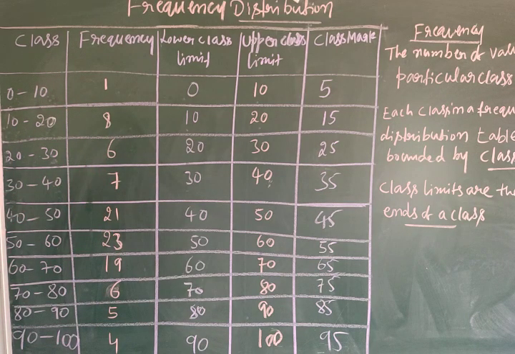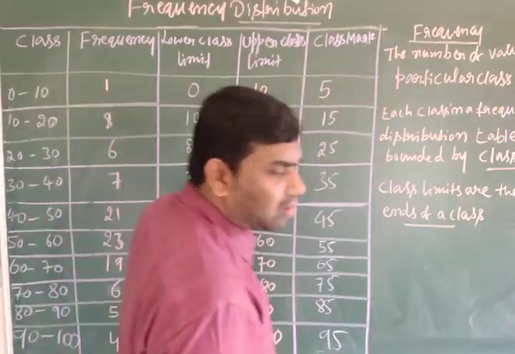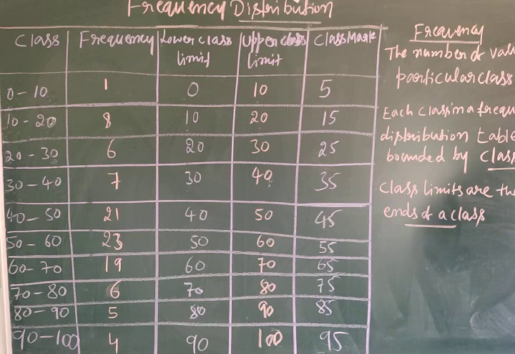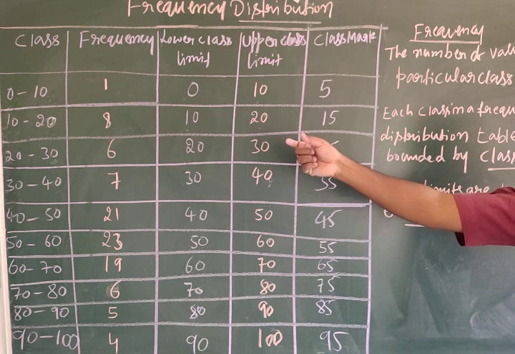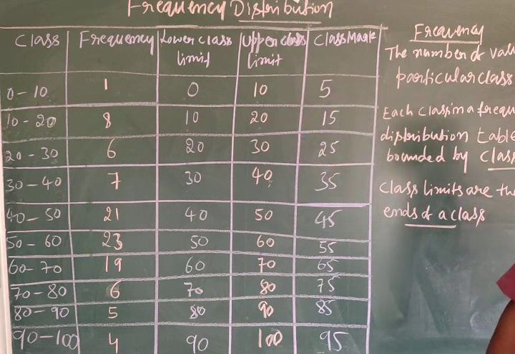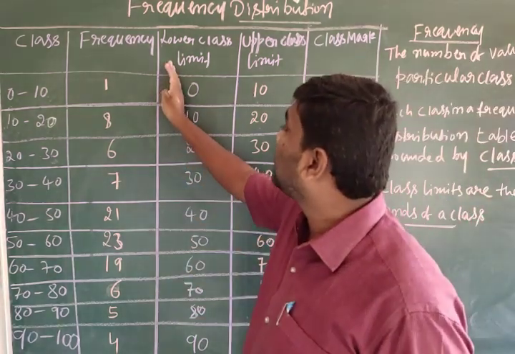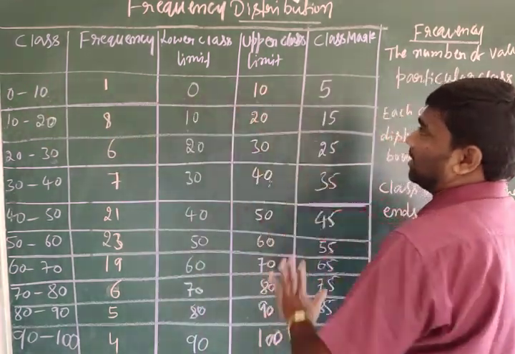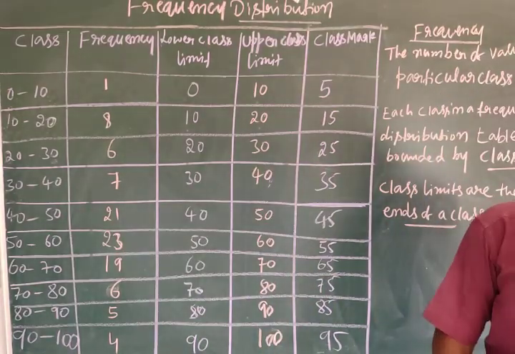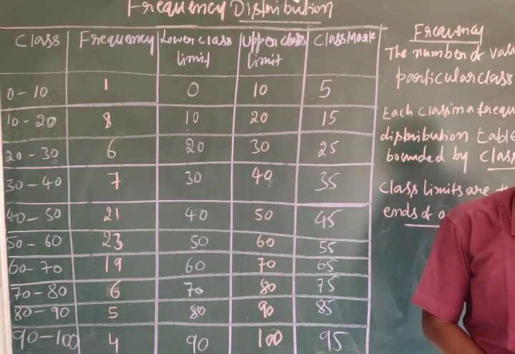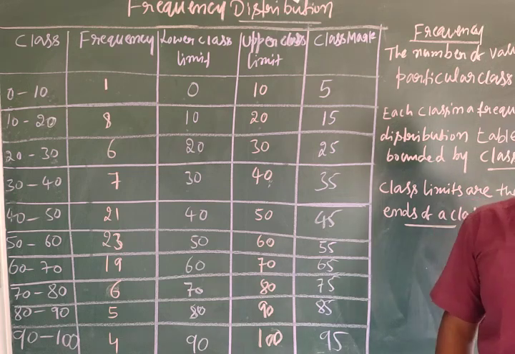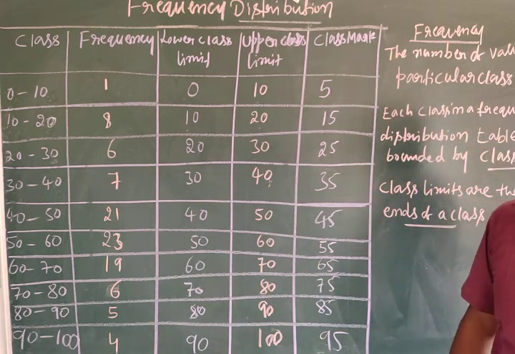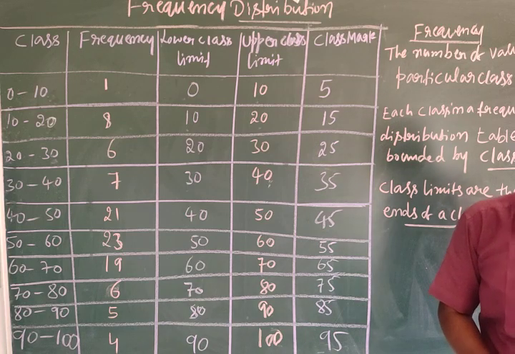Then what about the class mark? What is the meaning of class mark? The difference between the upper class limit and the lower class limit is called the class interval or class width.